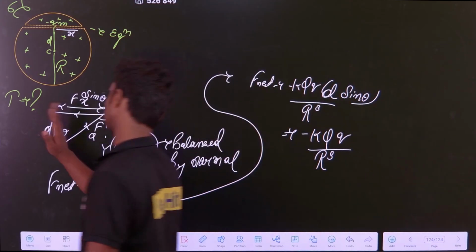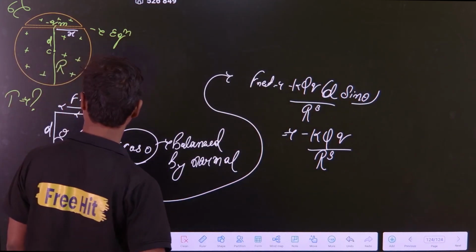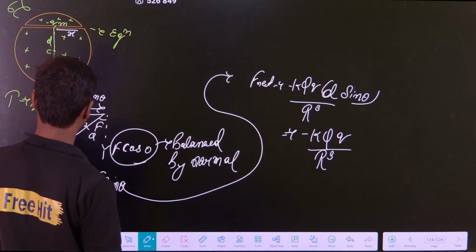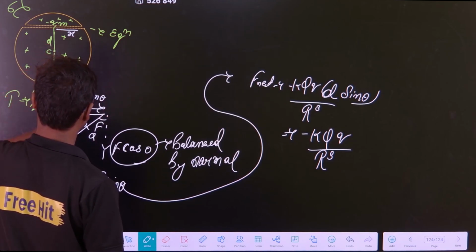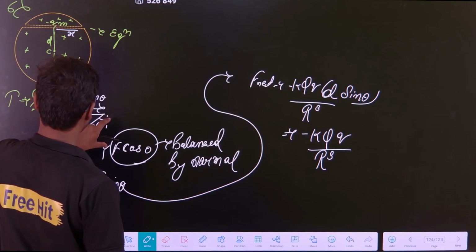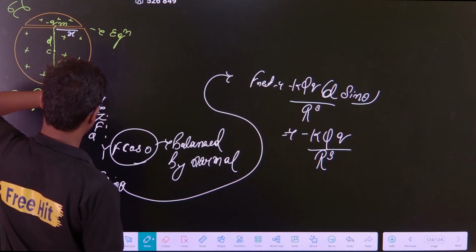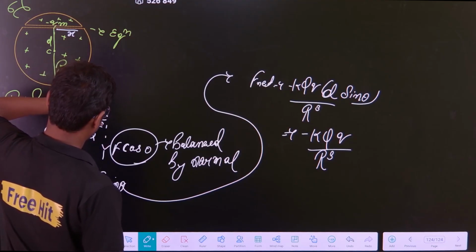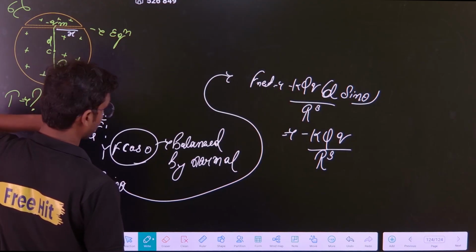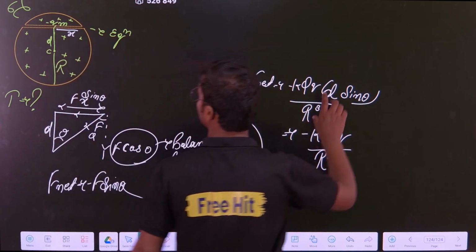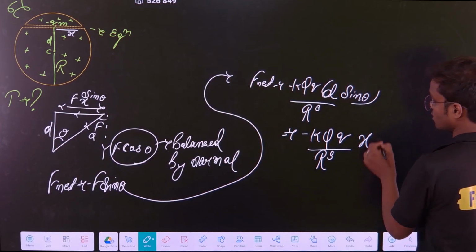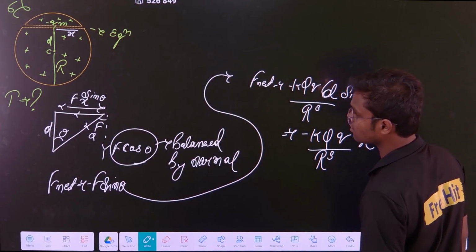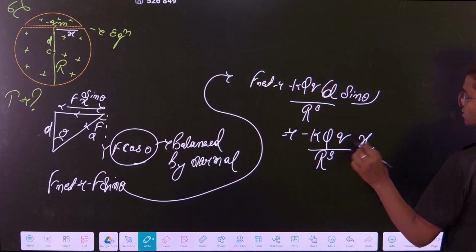This is my d, this is my d cos theta, this will be my d sin theta. Are you getting my point? The electric field will be kq by d, and d sin theta will be x only. Yes, this will be x. So d sin theta is equal to x.